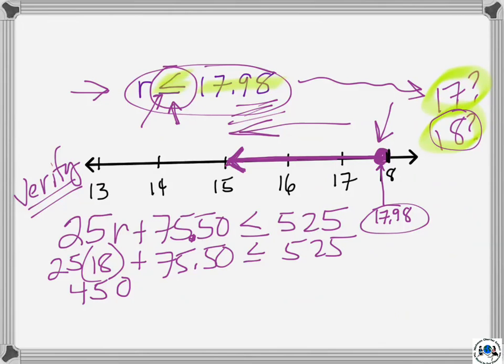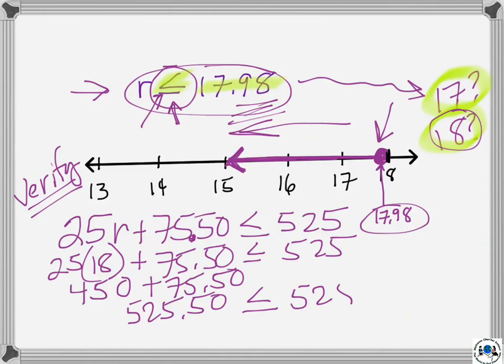So 25 times 18 is 450. And if I add that plus 75.50, I get 525.50. And that is supposed to be, if it were a solution, less than or equal to 525. And it is not. That does not work. False. So we know 18 doesn't work.